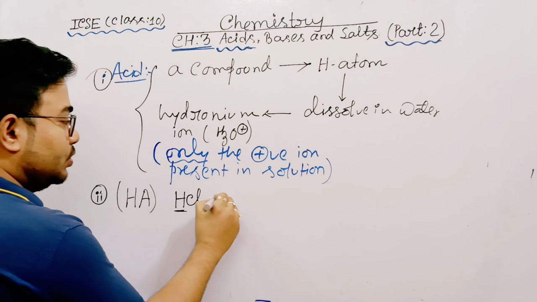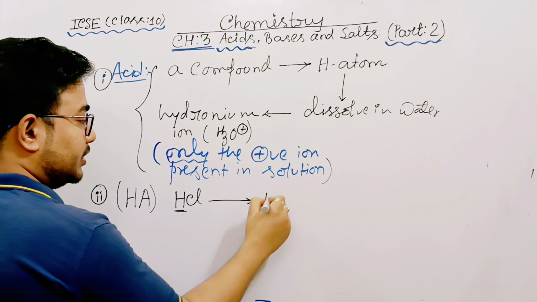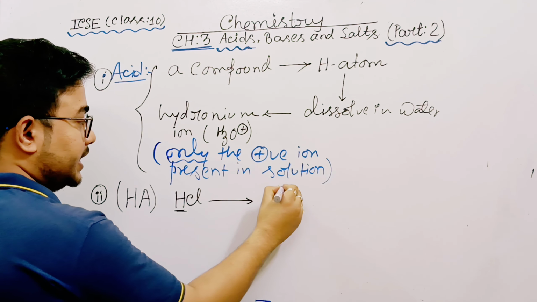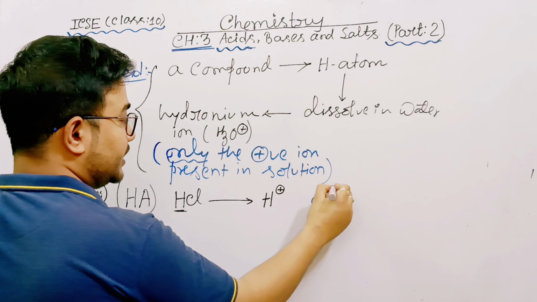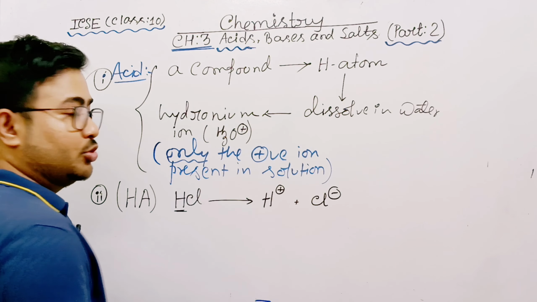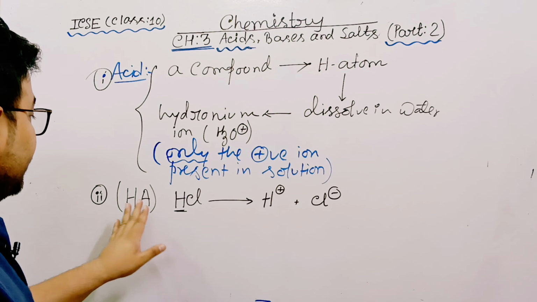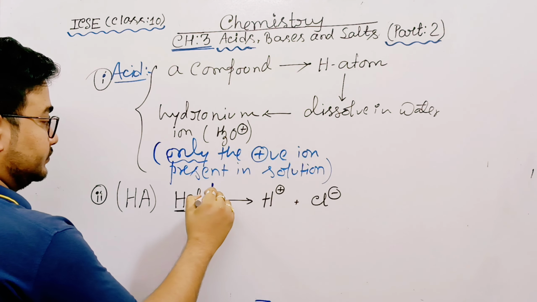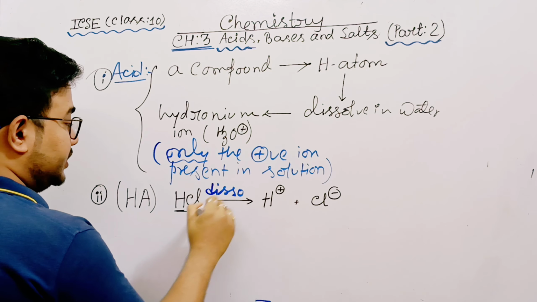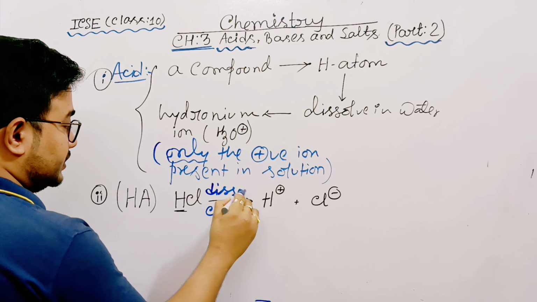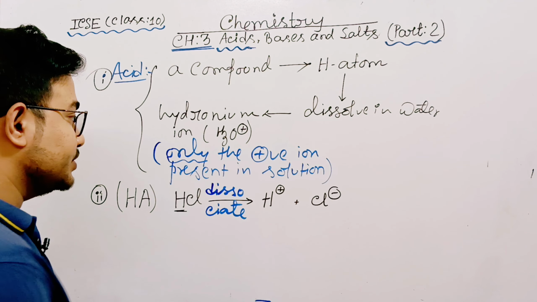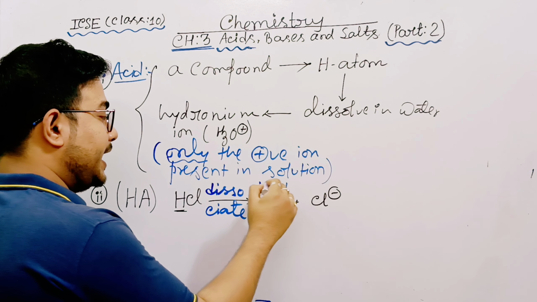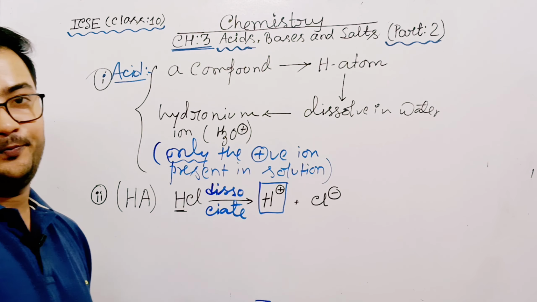Now, when HCl dissolves or dissociates, it will form H plus and Cl minus. Look at the board. When any acid dissociates, an H plus ion will form.